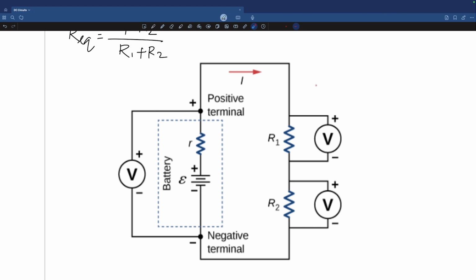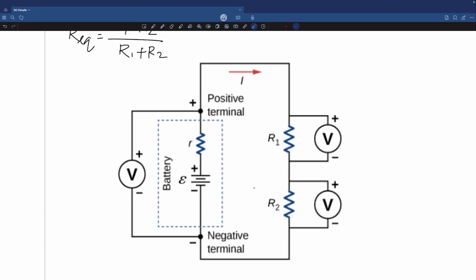Also, remember, the positive terminal of the voltmeter should face the positive of the battery. See that? And the negative should face the negative of the battery. Always. If you put it in reverse, then the voltmeter is gone. It won't give any reading because the pointer will try to go in the opposite direction.